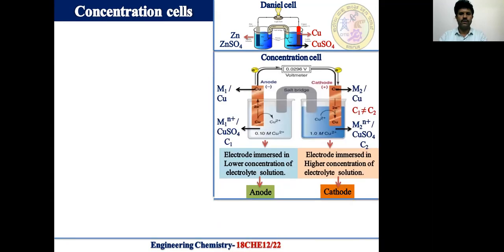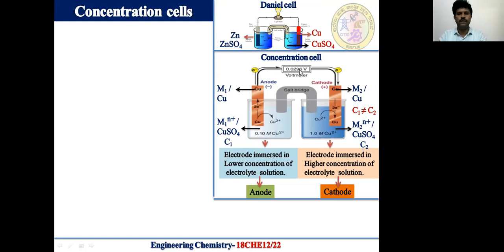But there is another type of cell in which both anode and cathode are made up of the same metal immersed in the same electrolyte solution but of different concentrations of electrolytes.